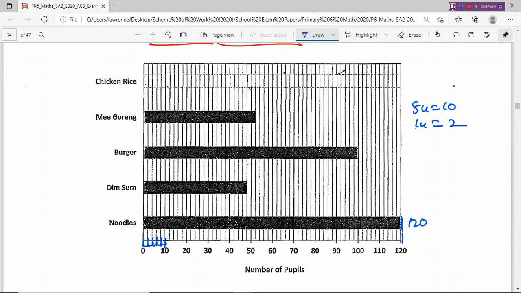The noodles is 120, the dim sum is 50 minus 2, 48, and the burger will be 100. For the mee goreng, use your ruler so that your eyes don't play tricks on you. So the mee goreng is 52.